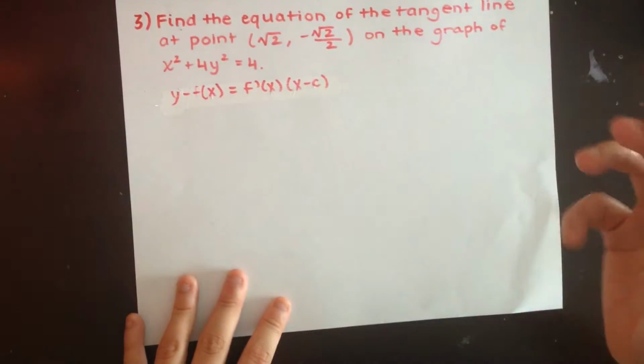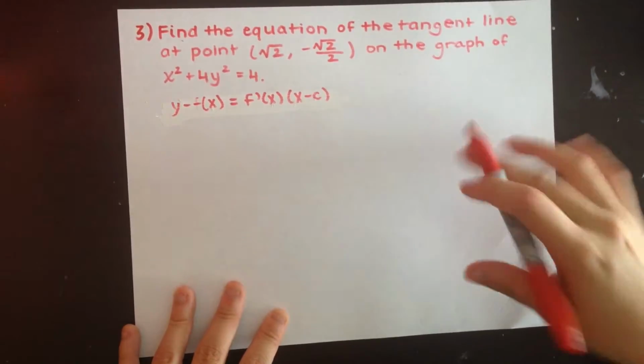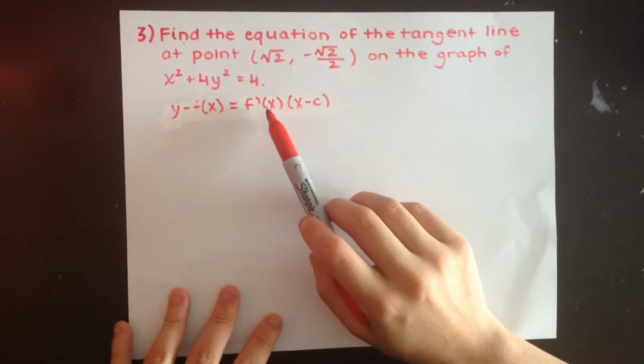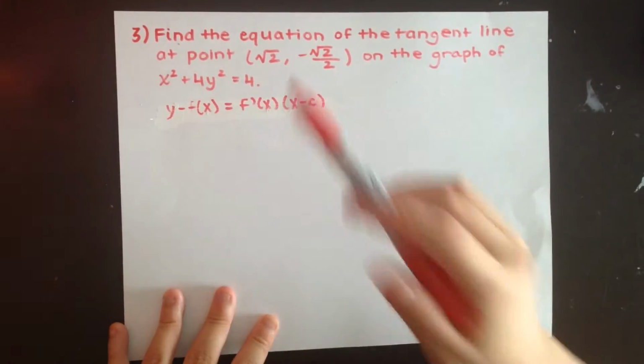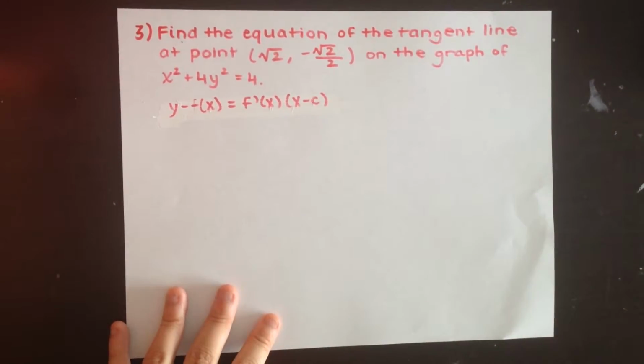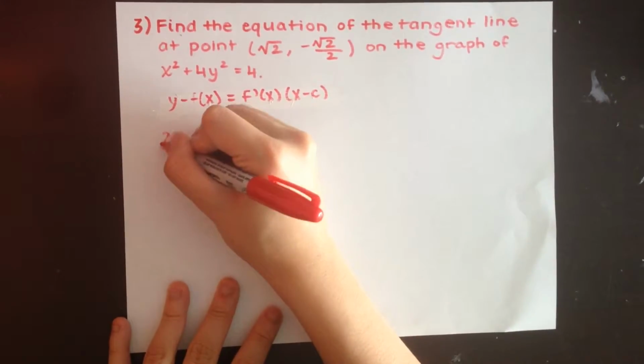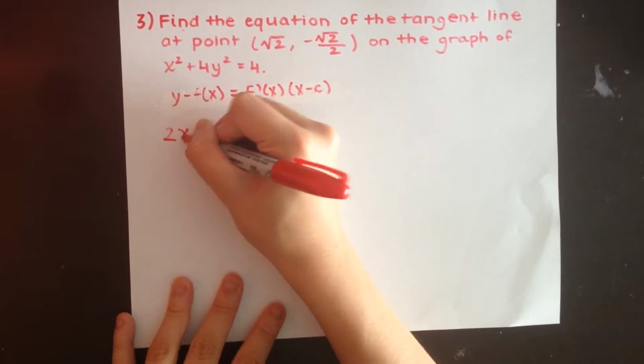This is basically kind of point slope form. So then now we'd have to find the derivative at this given point. So in order to do this, you'd have to derive this equation implicitly. So we just do it like we've always been doing.